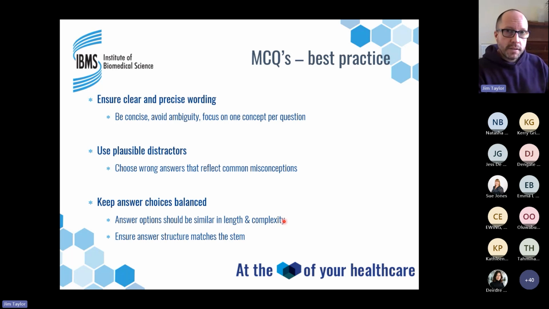Maybe use an American reference standard instead of a British one, because that will give you a heads up as to where the students may be getting their information from if they're not getting it directly out of the training material that you're providing. Plausible distractors are what make multiple choice questions hard.